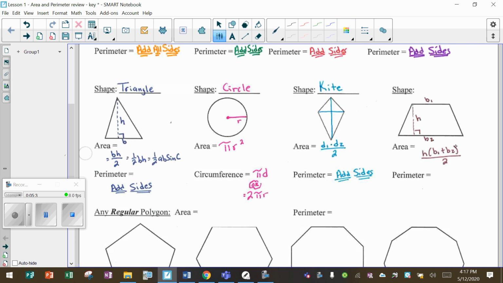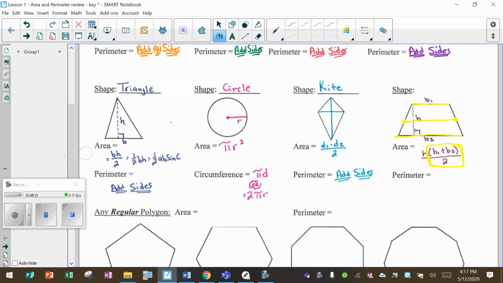Because the bases are two different lengths, it's basically the average of the bases times the height. Now, if you remember, go into the depths of your geometric knowledge, the average of the two bases is called the mid-segment. So the area of a trapezoid is technically mid-segment times height.